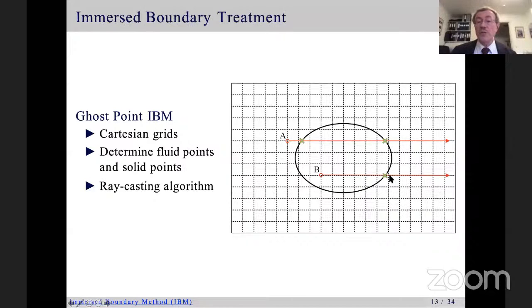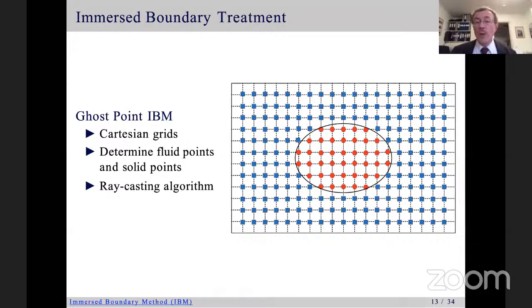Having one intersection with the boundary, then we have a solid point. Here we have two intersections with the boundary, then we have a fluid point. So we can do that, and then we can flag these points. And here we have the flagging for the fluid points. They are the blue squares, and the solid points are the red circles.